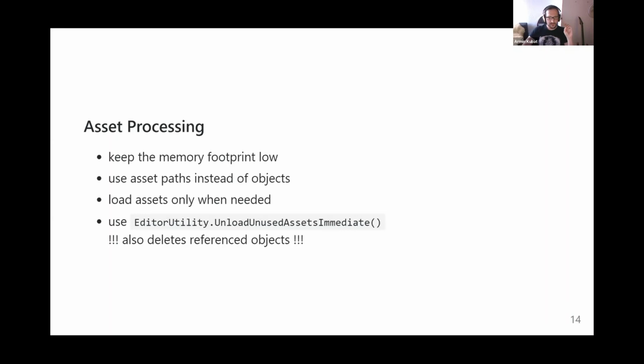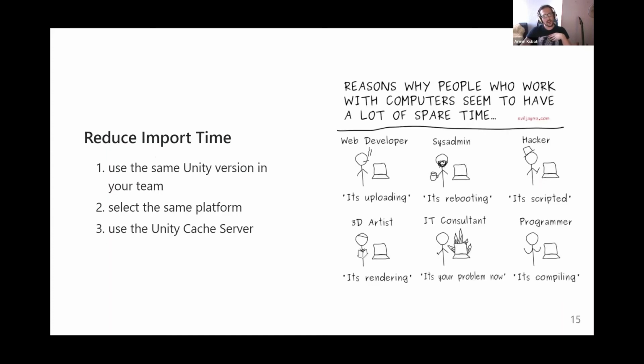So, let's get to my last advice. Also, the tip is how you can reduce your asset import time if you don't use Unity Teams. And I think there are 3 simple steps, and they all have to work together. So you should always use the same Unity version in your team, and don't use different versions.